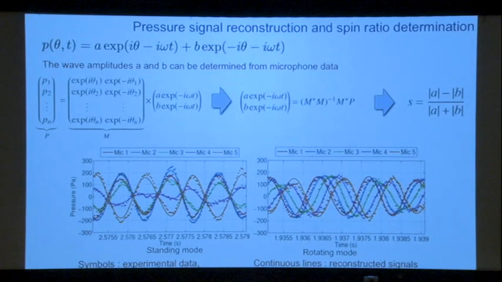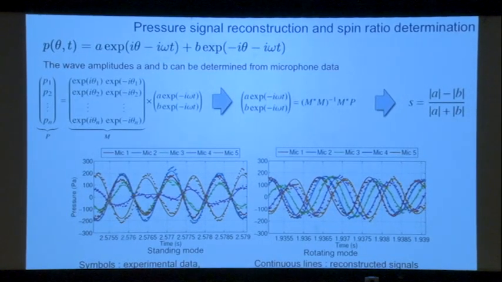And how does one characterize that? Well, using the spin number. Now, how does one get A and B? In fact, the problem is to get these two amplitudes. And once you get the two amplitudes, you can calculate the spin ratio.